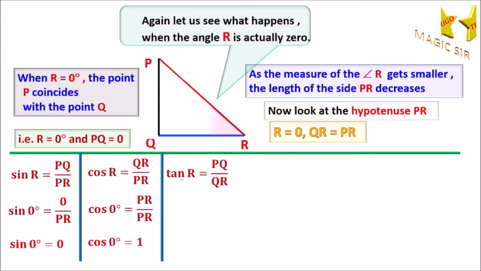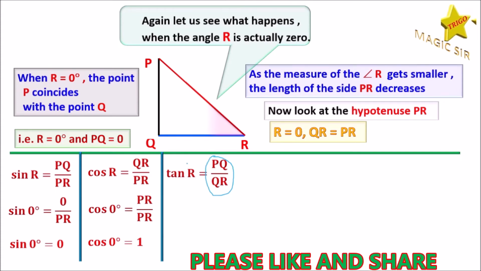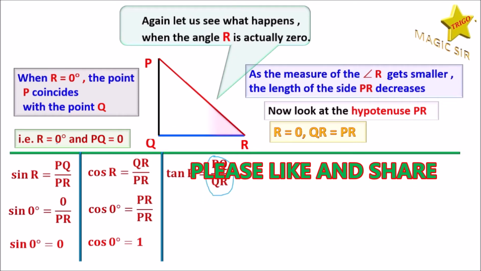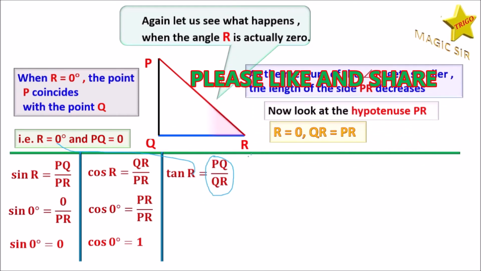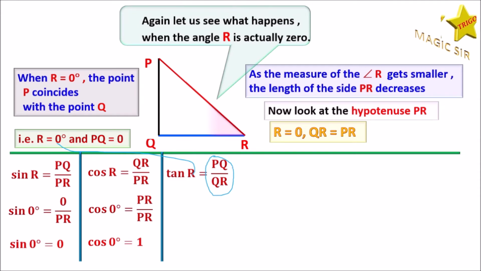By definition, tan R is equal to PQ upon QR. But we have PQ equal to 0. We have R equal to 0 degrees and PQ equal to 0.